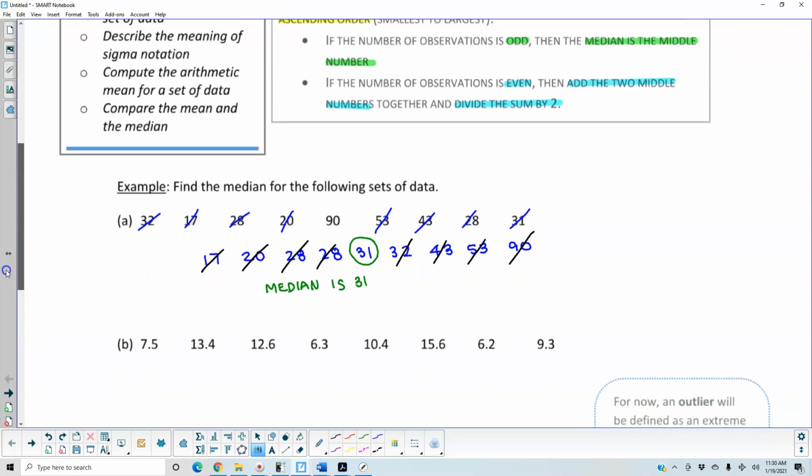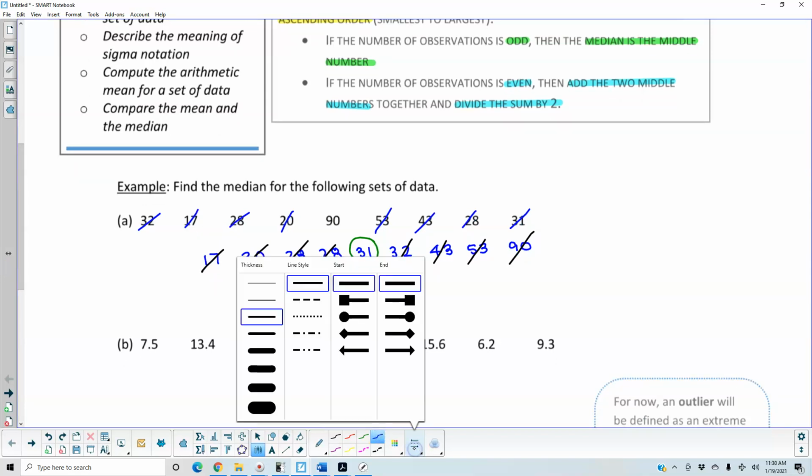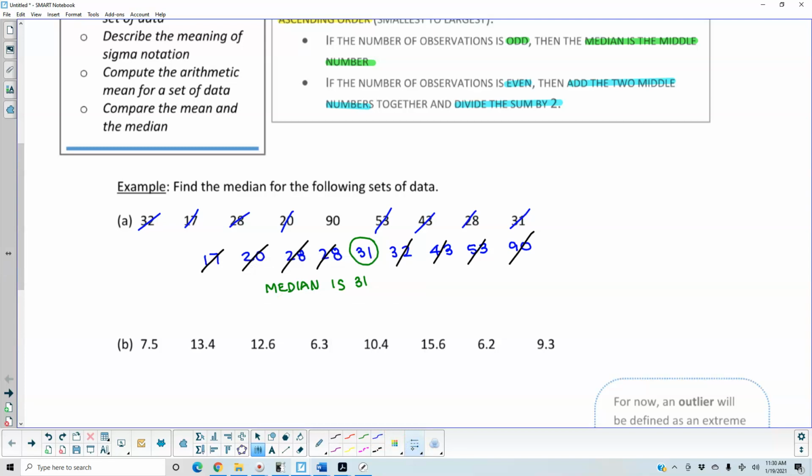So again, for these numbers, we want to put them in ascending order, from least to greatest. The smallest number here is 6.2.